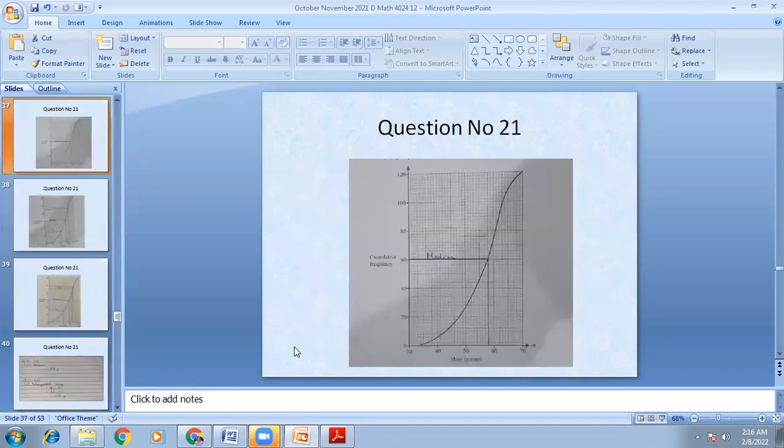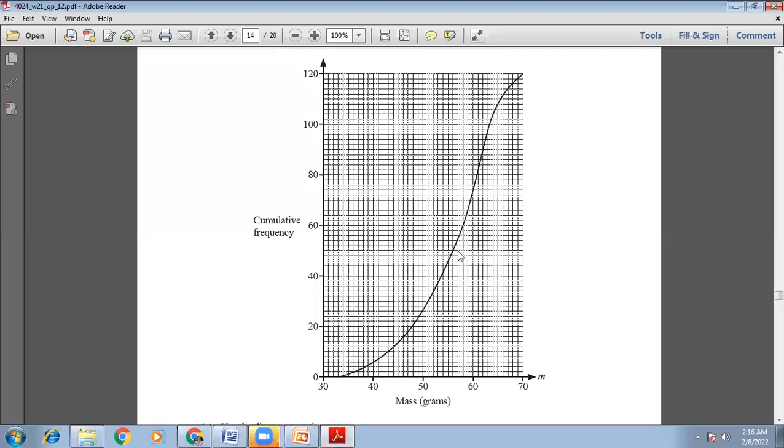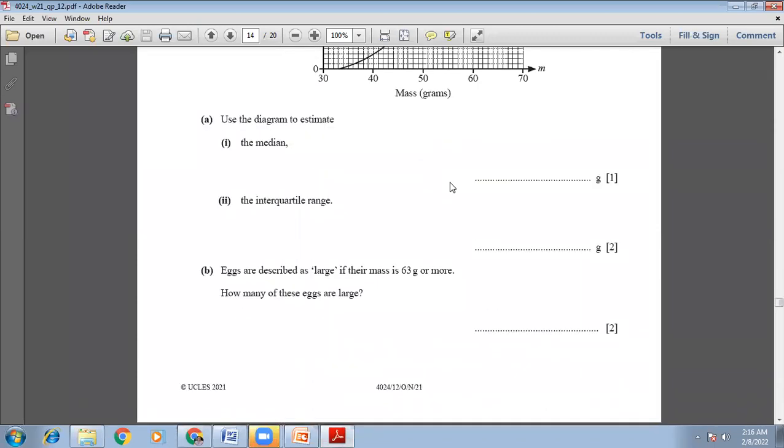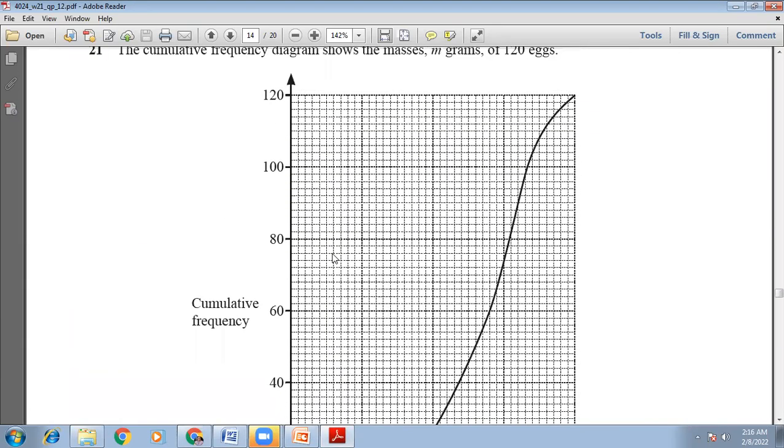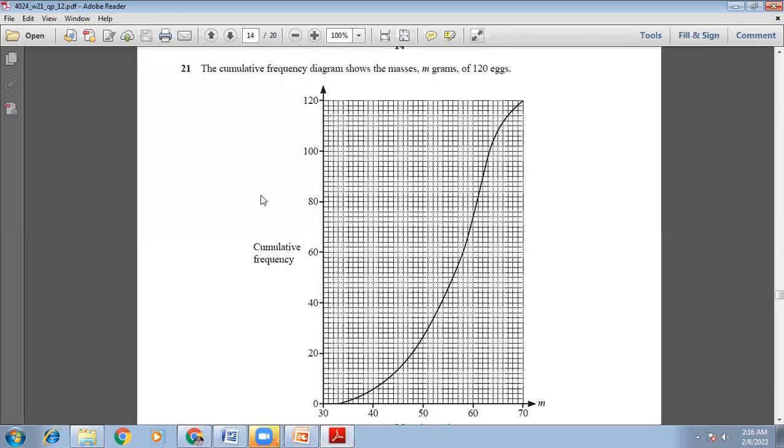Okay. So now the next question is find the interquartile range. If you want to find the interquartile range, we will find Q3 and Q1. Q3 is 75% of the cumulative frequency, 75% of 120, and that will be 90.